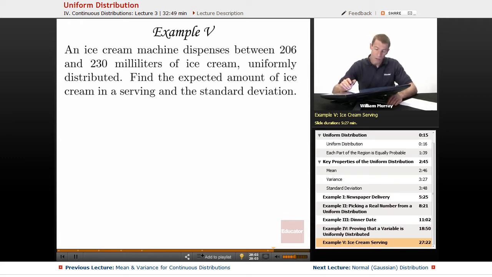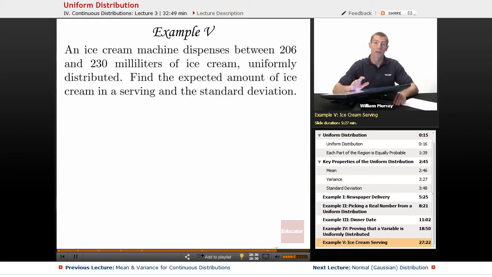And so the question we're trying to answer is, if you go up there with your bowl and you want to predict how much ice cream you'll get, we want to describe what the expected amount of ice cream is in a serving, and also the standard deviation in that quantity. So this is really asking, remember, expected value and mean are the same thing.